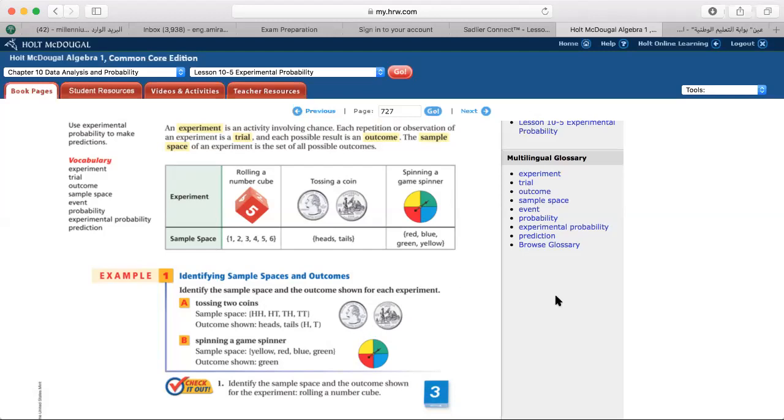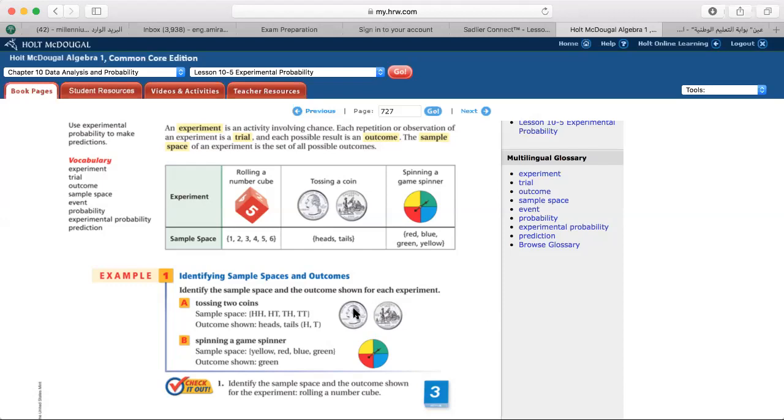If I have two coins and I toss them, what are the four possible outcomes that I can get? And why are there four? Because each coin has two possible outcomes, head and tail. The first one can be head and the second one can be head. The first can be head and the second tail.